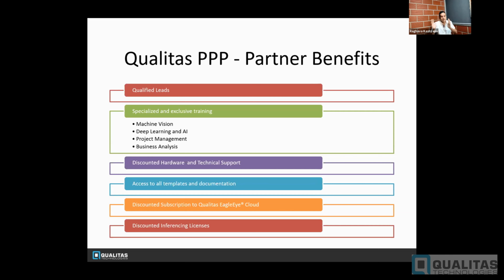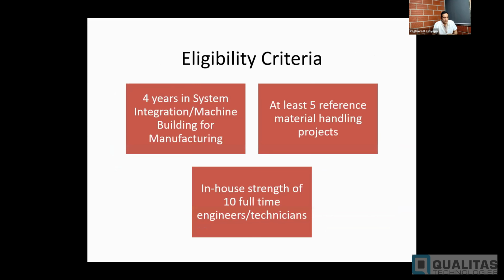So it's basically plug and play ready for you to start developing cutting-edge applications using machine vision and AI. And of course, there's a discounted subscription to the Qualitas EagleEye Cloud and discounted inferencing software. There are tons and tons, lakhs, of benefits of partnering with us, so that we can jointly go and automate a number of visual inspection processes.